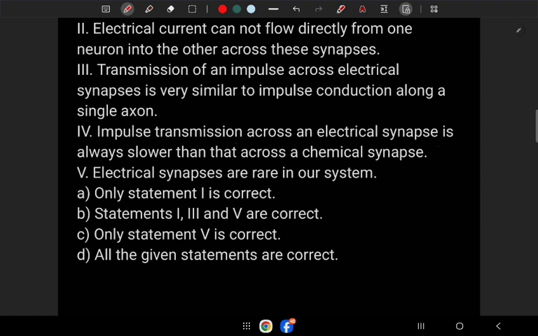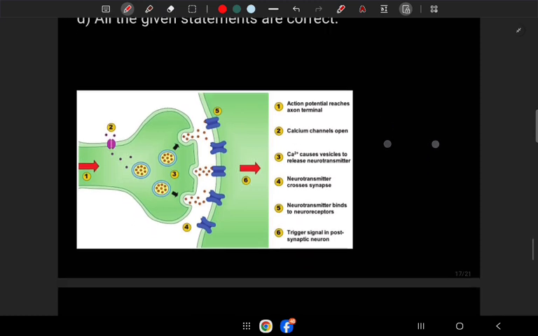So in this case, suppose this is the presynapse and postsynapse. This is the axon and this is the dendrite. From the axon to the dendrite, the nerve impulse is transferred through vesicles across the synaptic cleft. First, the action potential reaches the axon terminal. The calcium channel opens.